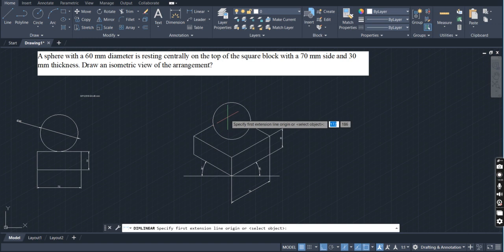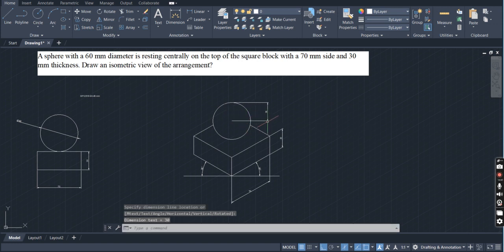Let's try with the linear. Now dimension edit, oblique, select this line, enter, angle.